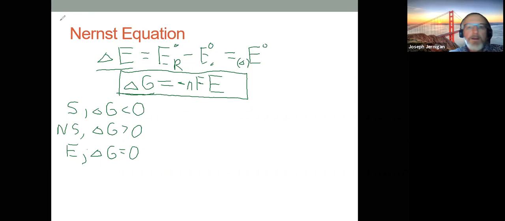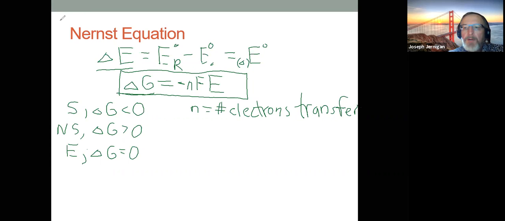So delta G is equal to negative NFE0, and that is a very important relationship. Okay, now N is going to be equal to the number of electrons transferred. So as we had in our previous example, gold 3 accepted 3 electrons, right?